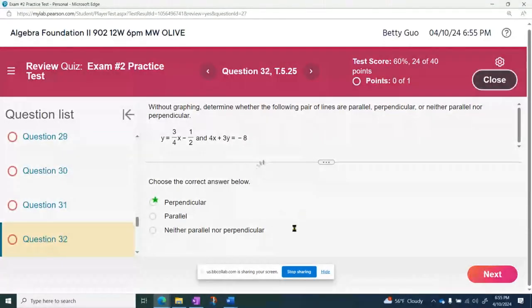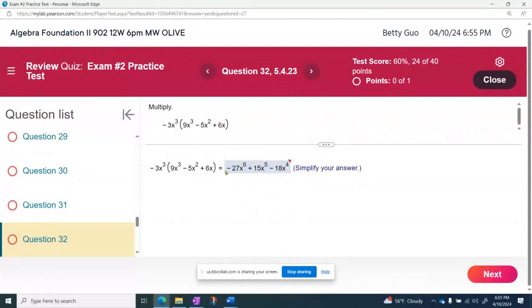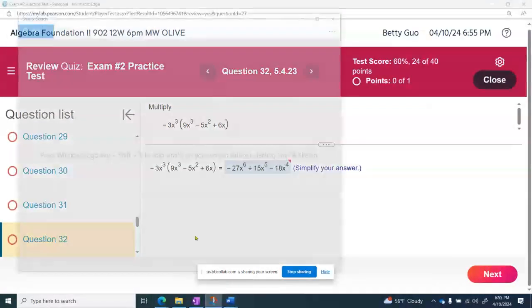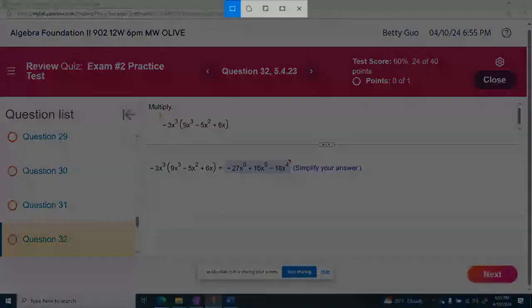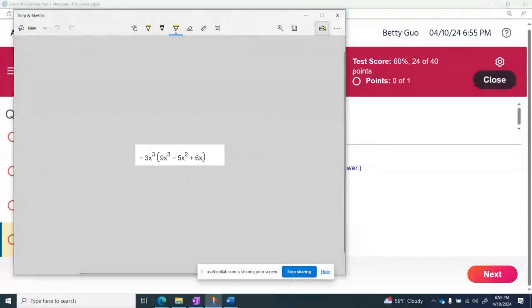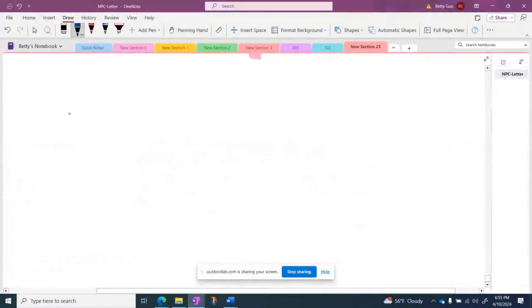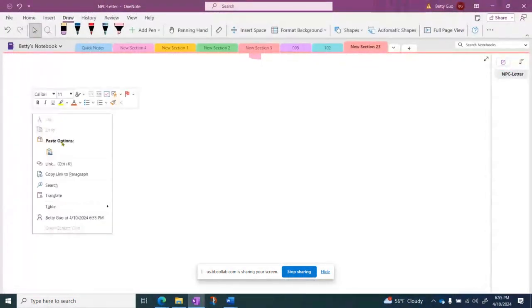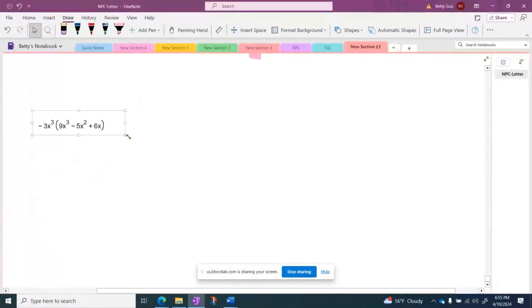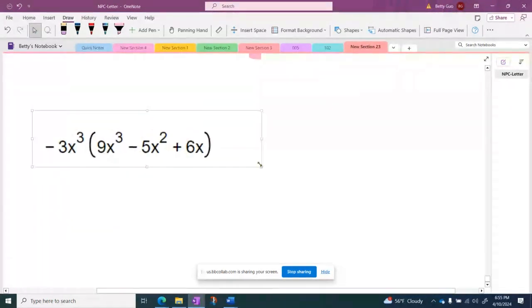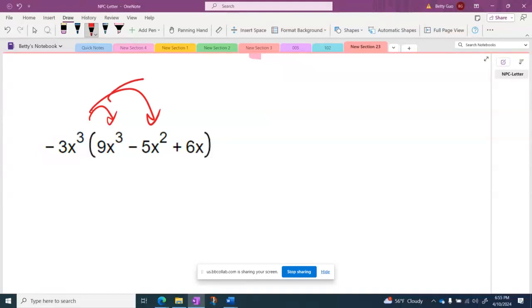And next, multiply monomial by trinomial. Okay, so let's practice that here. We use the distributive property.